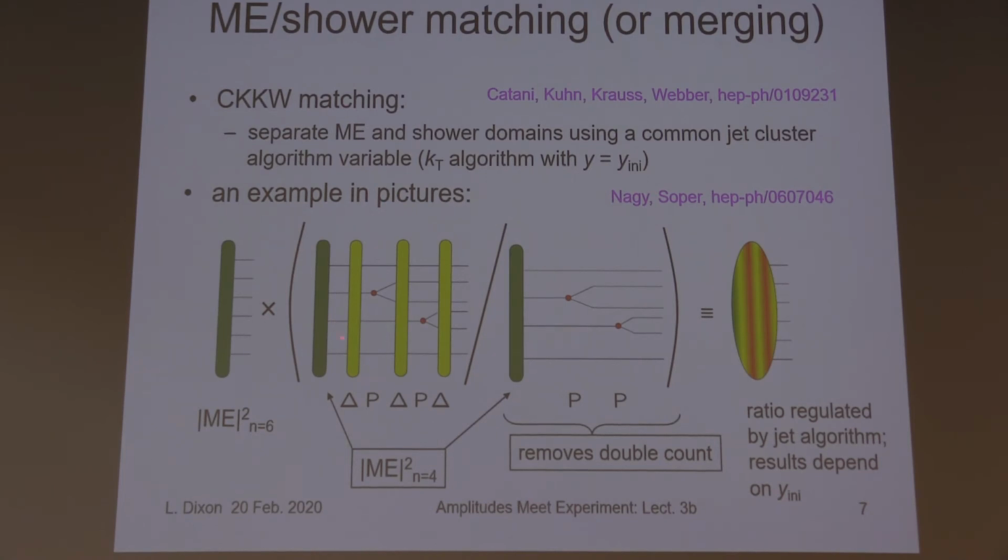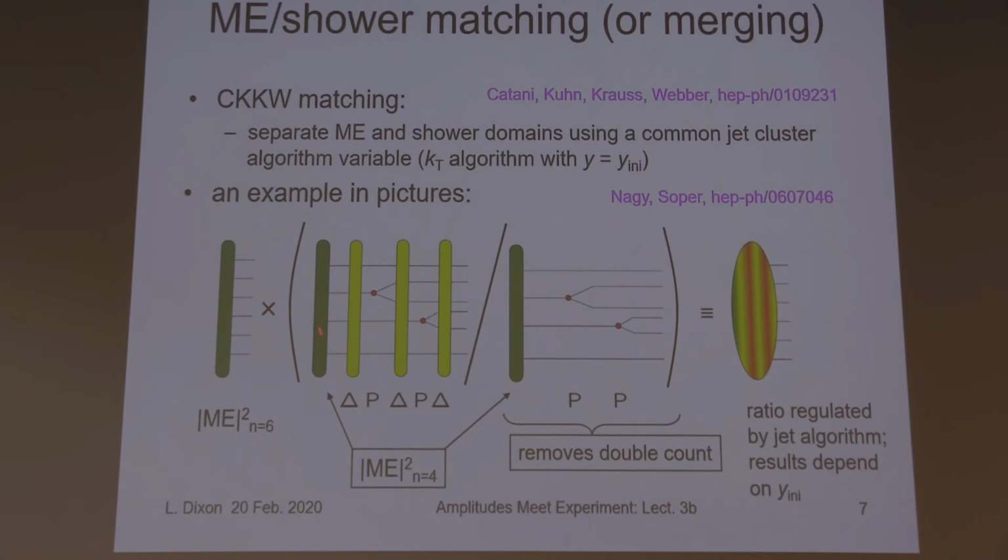And then you might also have a Monte Carlo simulation that starts at n equals 4. And then this shows it evolving with q squared. And there's a Sudakov factor that you would normally use just in the Monte Carlo to determine when this splitting occurs. And then you'd have more Sudakovs to the next one.